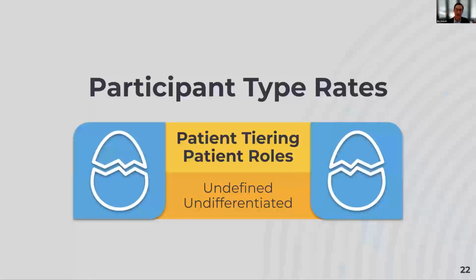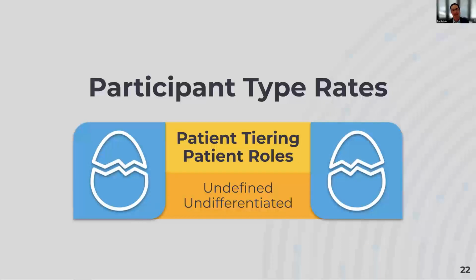If we think of the egg as the status quo, this is how rates are set now, this is the data. We're looking at a relatively underdeveloped approach to patient remuneration. And this is relative to that HCP framework that we've talked about. So participant roles, expertise, tiering, they're often not clearly defined.